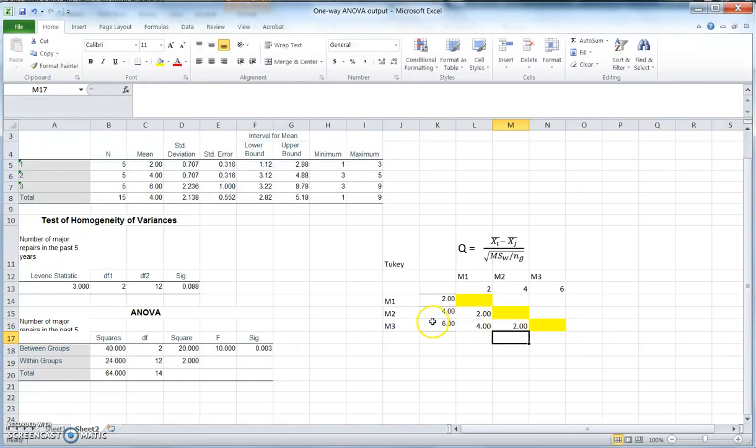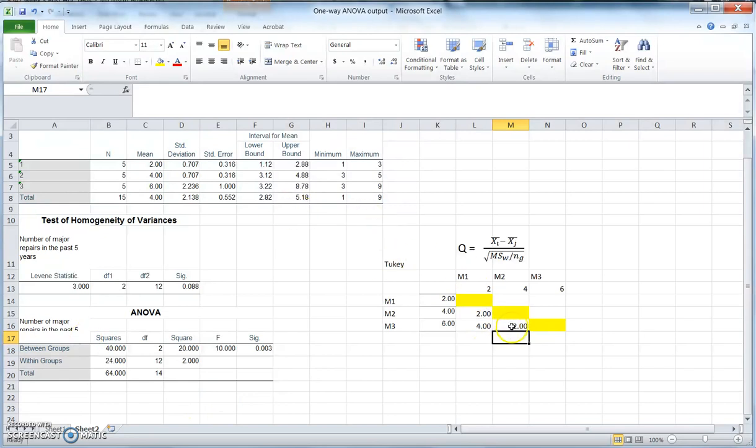In our example, we have 3 group means, and they have 3 possible pairwise comparisons: model 1 versus model 2, model 2 versus model 3, and model 1 versus model 3. If you had 4 means, you would have 6 pairwise comparisons, so the number of comparisons increases rapidly with the number of means you have.